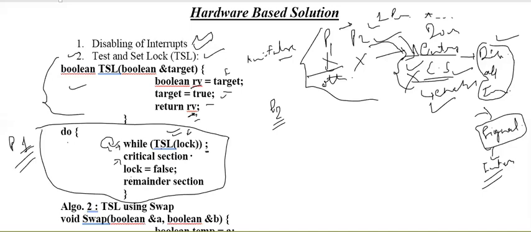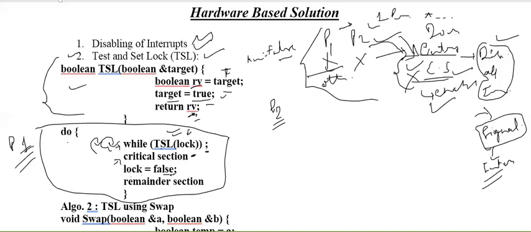Since I am in the critical section, this code was executed earlier, so target is true. So RV is true and target is true, both are true, so the return value will be true. Hence all other processes will run into this infinite loop, up to the point when that process goes out and makes the value false.